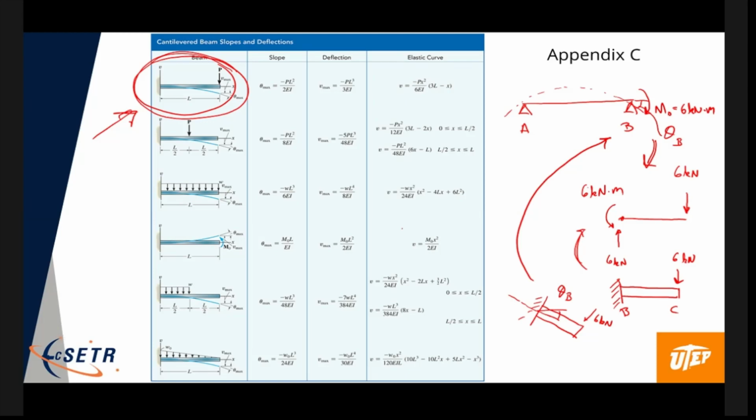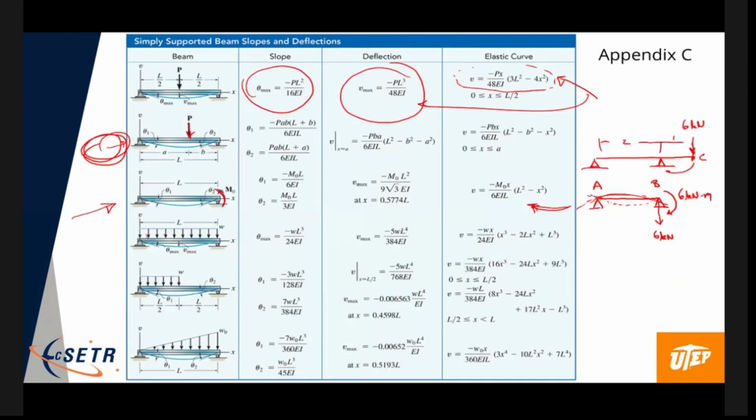The way I would go about solving this one with beam tables would be to consider this case right here. They give you the equation for theta 2, so that is the rotation at point B. So we know that the rotation at point B is going to equal M0 L over 3 EI.